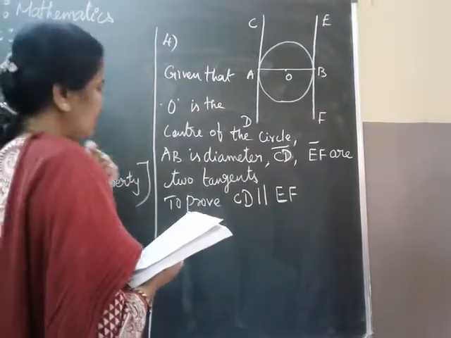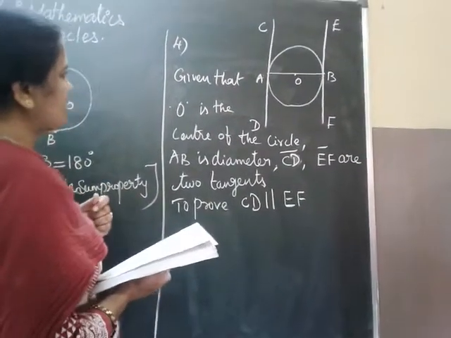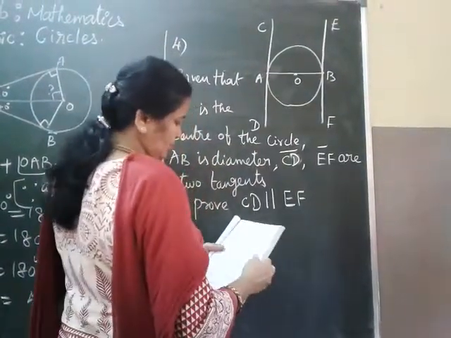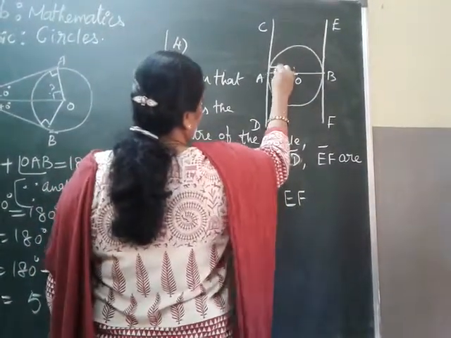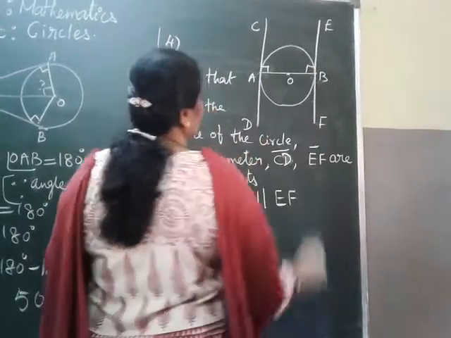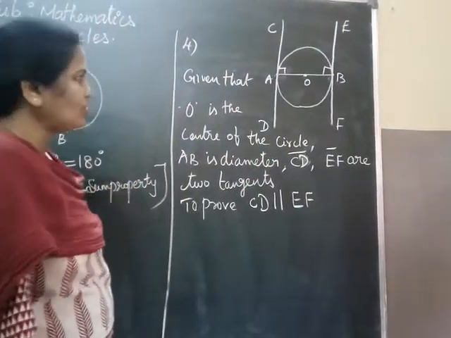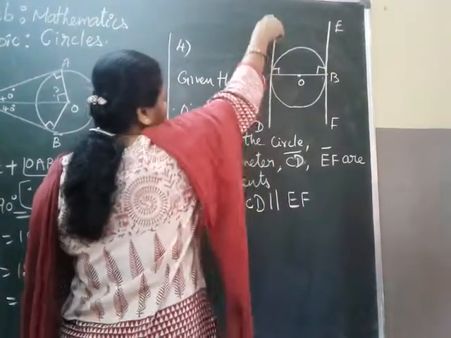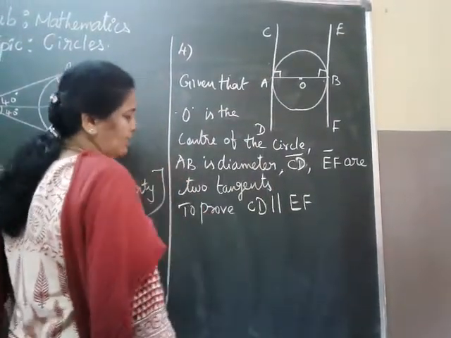Very easy. What about the angle OAC and the angle OBE? Both are 90 degrees, correct? Because the radius is always perpendicular to the tangent, which we proved in theorem 1.